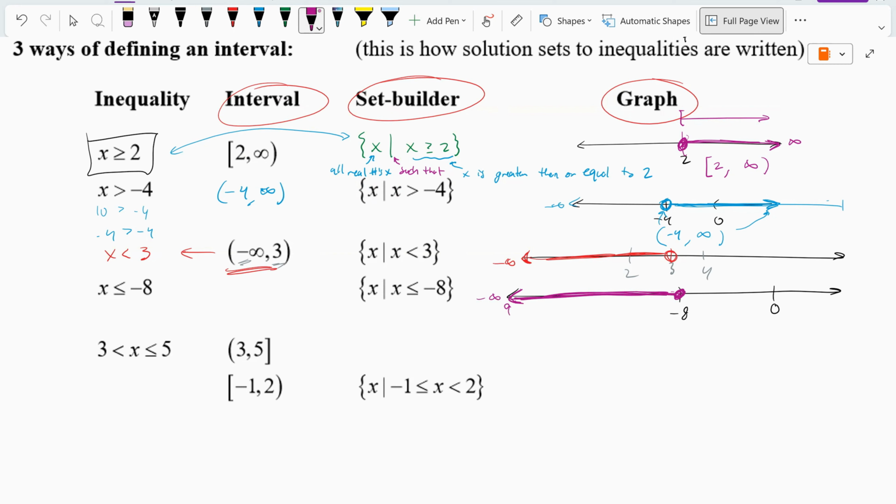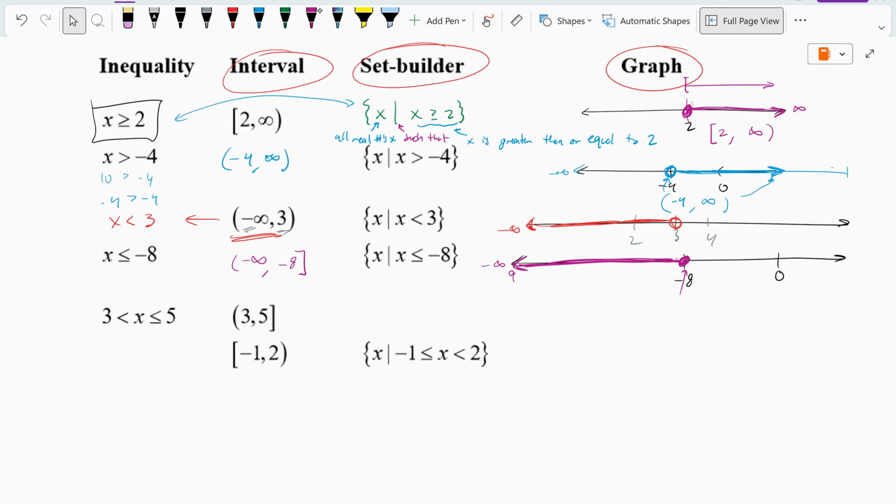It goes forever to the left, so -infinity, and rightmost, bordered by -8. And do we include it with a bracket or exclude it with a parenthesis? Bracket. All right, very good. All right, we have another inequality here. 3 is less than x, which is less than or equal to 5.